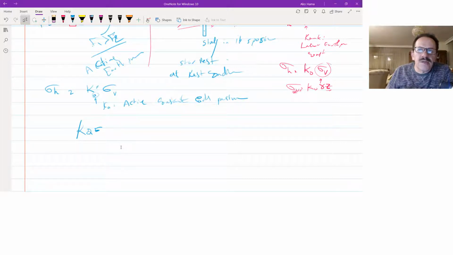In case you have cohesionless soil, Ka is equal to 1 minus sine phi over 1 plus sine phi, so this Ka is going to be definitely less than 1.